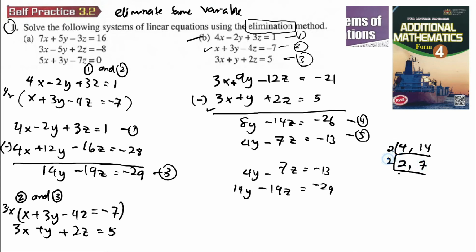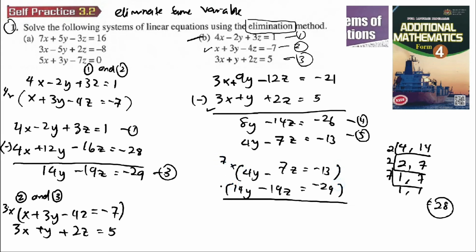This one you can divide with 2, 7 cannot divide, go back. So this one is 7, so 1, 1. So 2 times 2 times 7 is 28. So this one is the lowest common multiple. So I can make y equal by making it into 28. So to get 28, 4 times 7 you get 28, 14 times 2 you get 28.